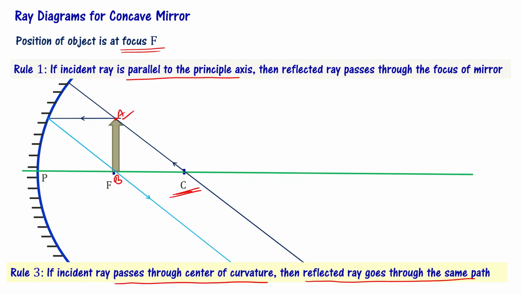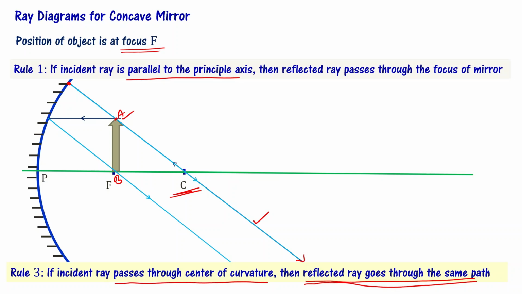This is the ray which is passing through center of curvature and going through point A, right? It has point of incidence at this point, right? It has to reflect. When it reflects, what happens? It is going to reflect and goes through the same path, that means it comes along this path but in the opposite direction. Let's see that. You see the light color blue is showing the opposite direction, right?